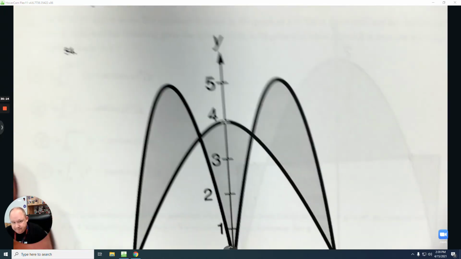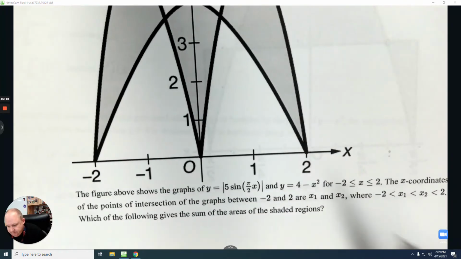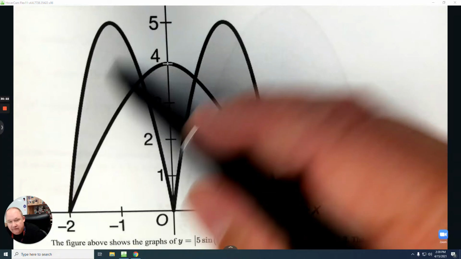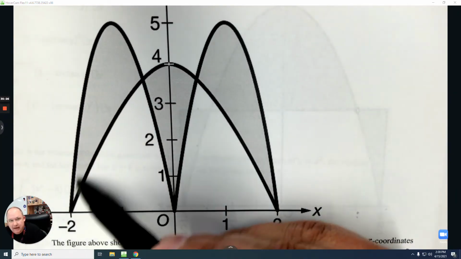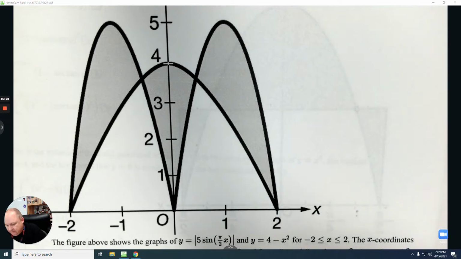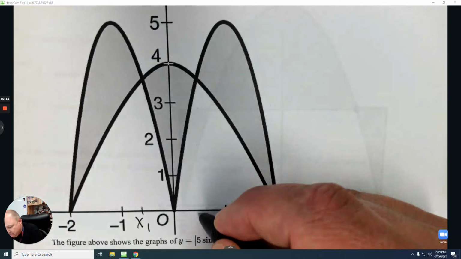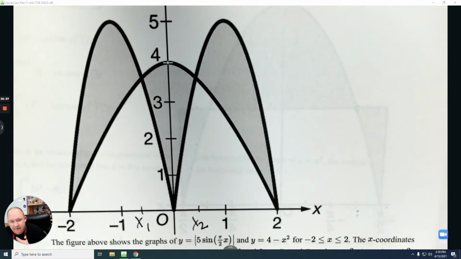Number 54. So the absolute value of sine is given. That's this thing that kind of looks like the McDonald's, looks like M. And then the parabola is in the middle. And it says where they intersect is one is x1 and then the other one is x2. And it says what's the correct setup to find the area.